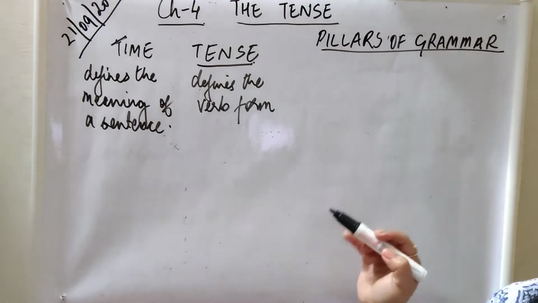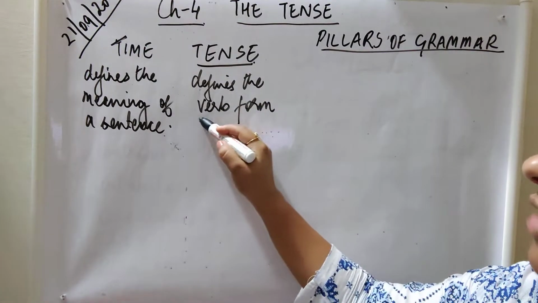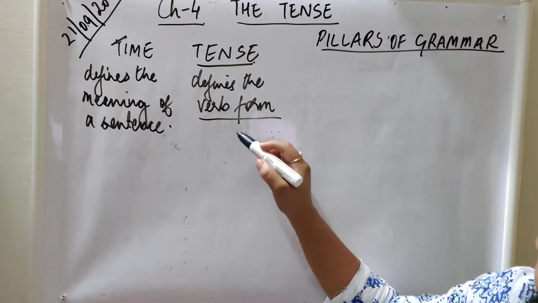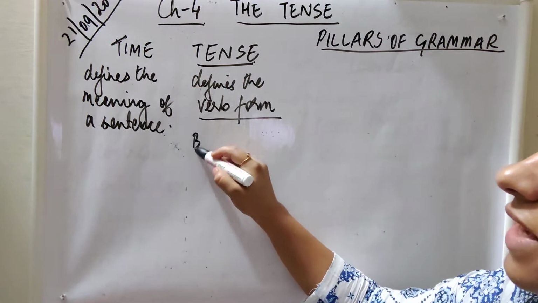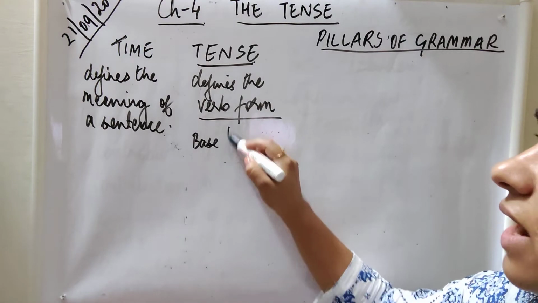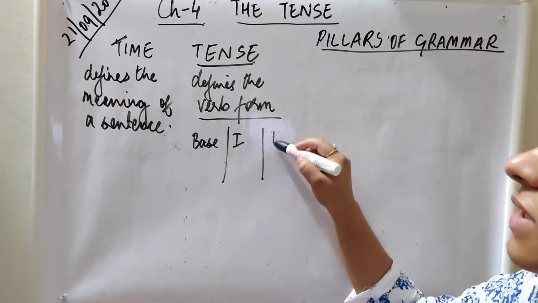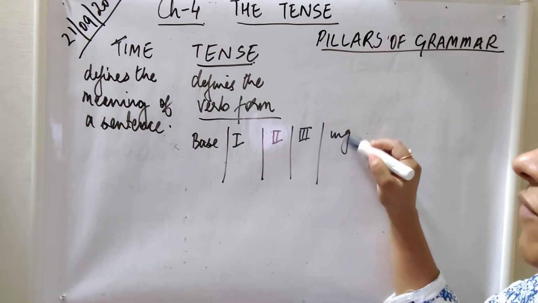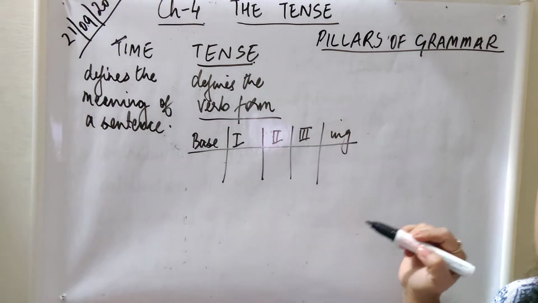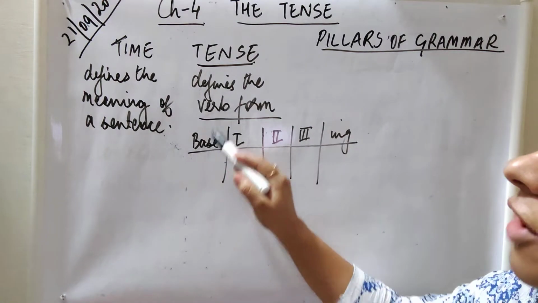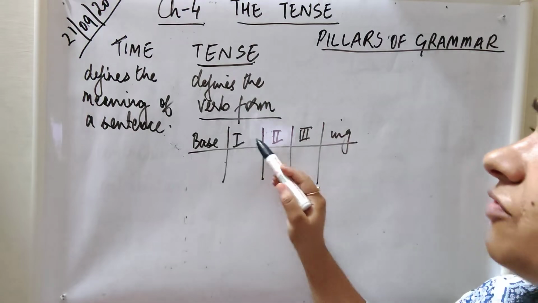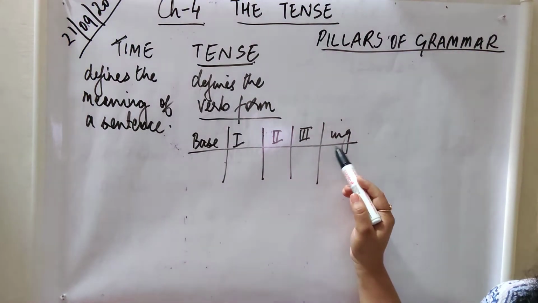Now verb form means, like we discussed while discussing verbs, that there are various forms of verb: the base form, or the first form of the verb, the second form, the third form, and the ing form. For denoting the tenses, we use various forms of verbs.